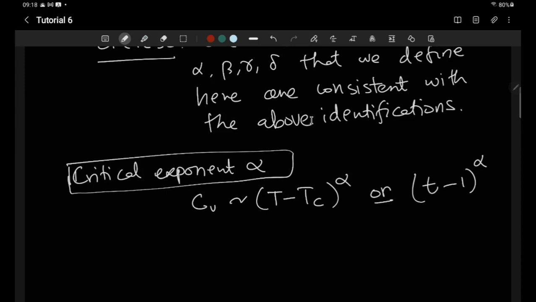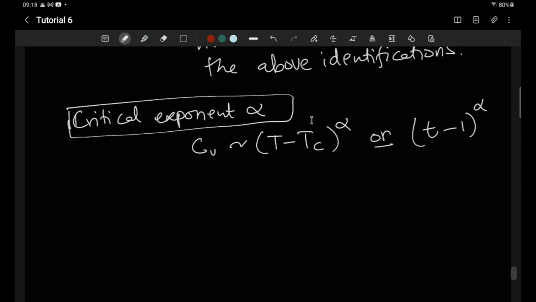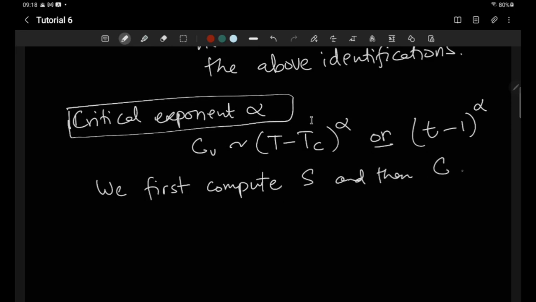In the assignment you're asked to do it in two steps: we first compute S and then C.